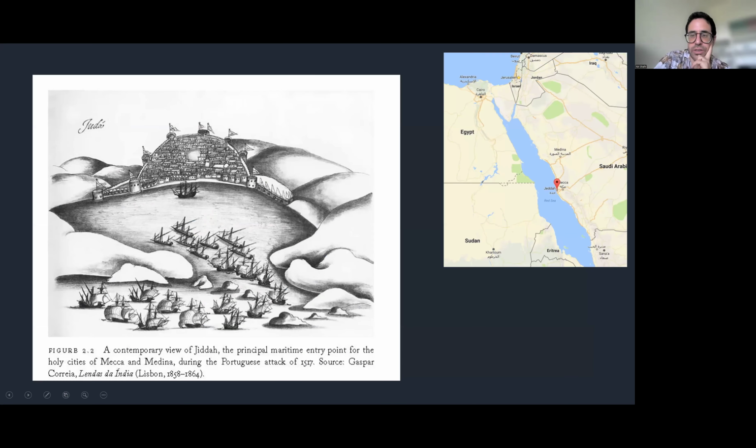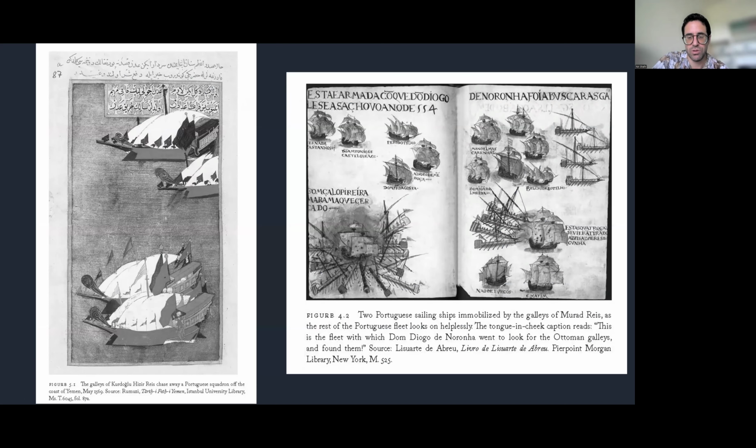Now, as I pointed out, the Portuguese were quite vicious and quite combative. In 1517, the year that the Ottomans take over the Mamluks, they were already attacking Jeddah. And so the Ottomans were pushed to mobilize against them. In fact, that was the reason why they had conquered the Mamluk Empire that had controlled these areas before.